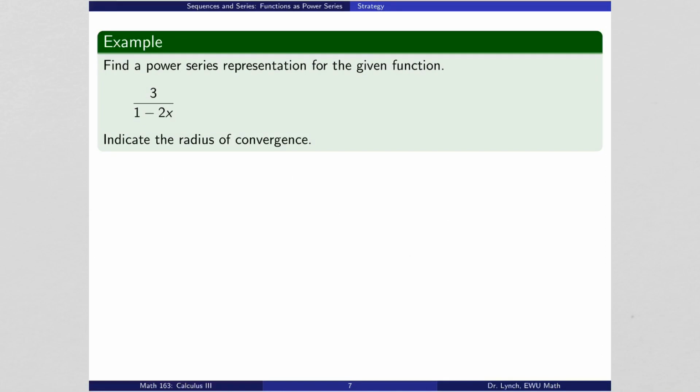Here's an example. Find a power series representation for the given function 3 over 1 minus 2x and indicate the radius of convergence. So again here we'll start with our power series for 1 over 1 minus x and see what happens. We'd like to have a factor of 2x instead of a factor of x, so we'll go ahead and just replace x by 2x.